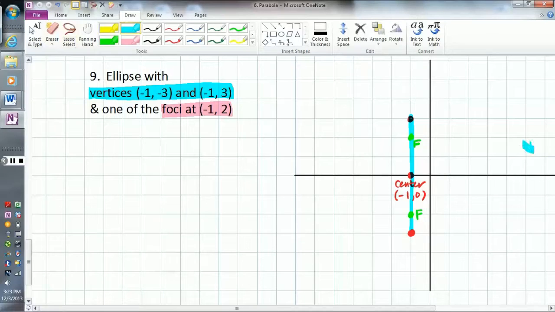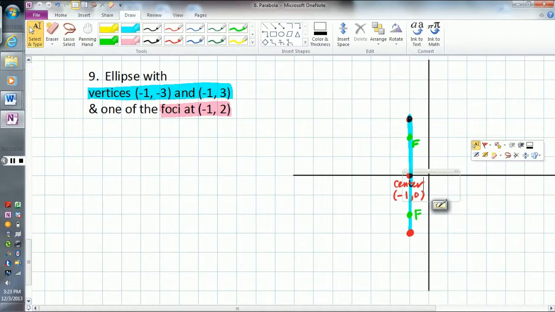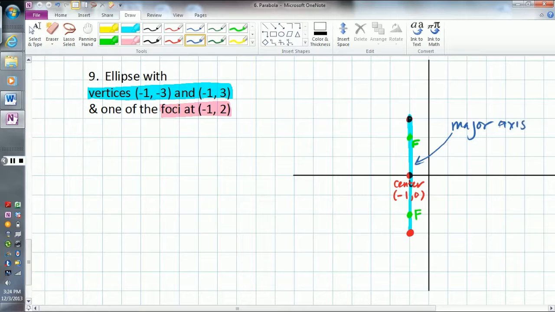So the foci lie on the major axis, which tells me that my ellipse is going to be taller than it is wide.